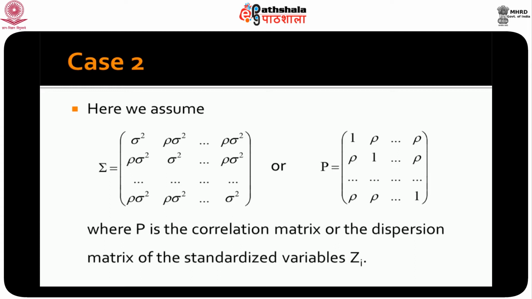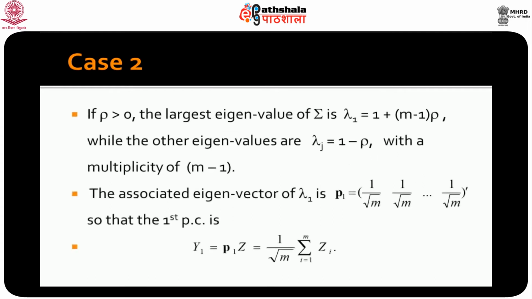Remember, we have a situation like this when the correlation between the different variables is the same and the variances are constant, equal to sigma square. So if you have constant variances and the same correlation for every pair of variables, then we can have a matrix of this type. Now, it is easy to show that this matrix would have eigenvalues, the largest of which would be lambda 1 equal to 1 plus m minus 1 times rho.